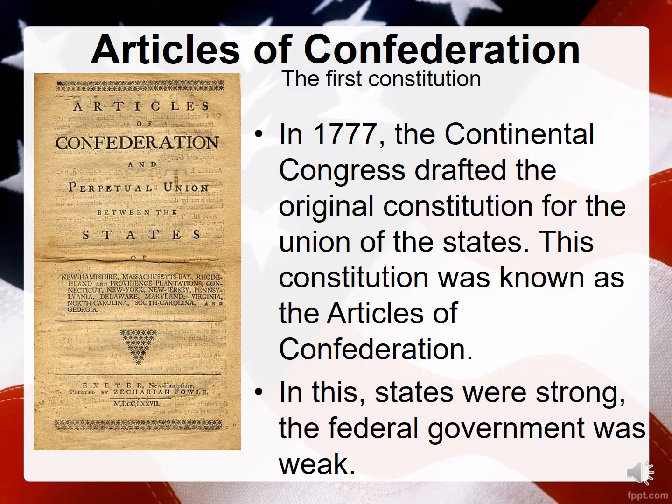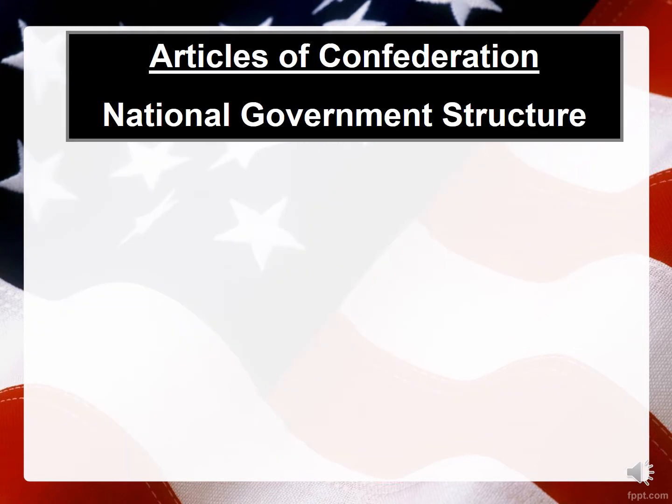Now, in this, the states were very strong, and the federal government was very weak. If you go back to our various forms of government, we talked about a confederation. This was essentially a confederation, as there were certain powers given to this federal or central government, but the majority of the power remained with the states. And we're going to get into that in a few minutes.